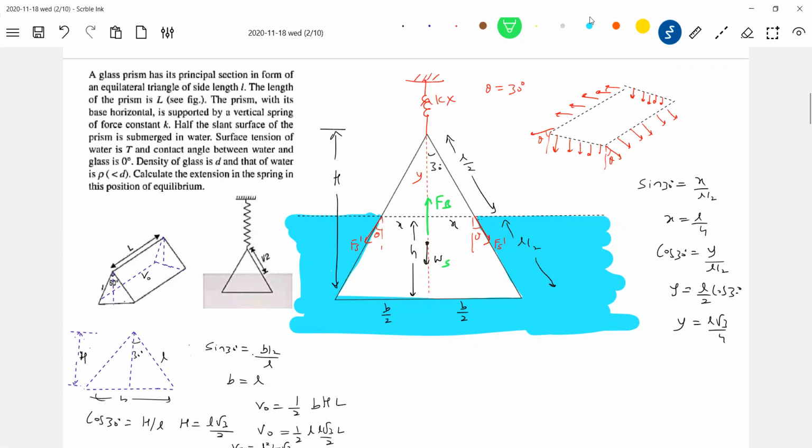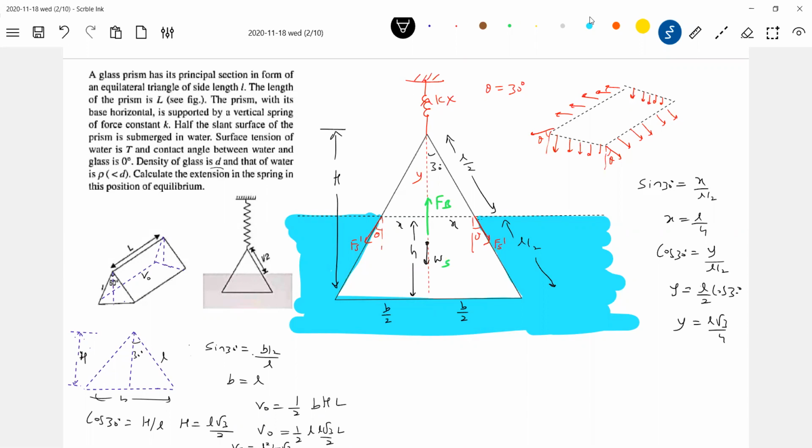Okay, first let's calculate the weight of the solid. Density of glass is D and that of water is rho. So he has given the densities also. Please look here. The density of this is D, no?